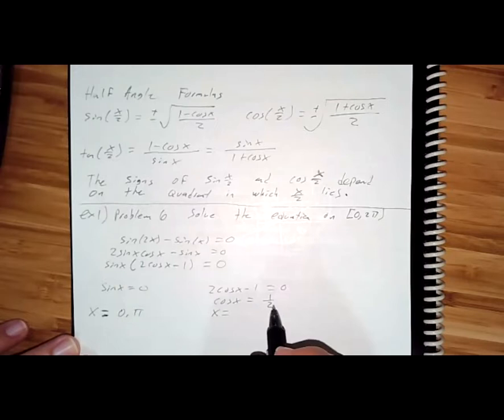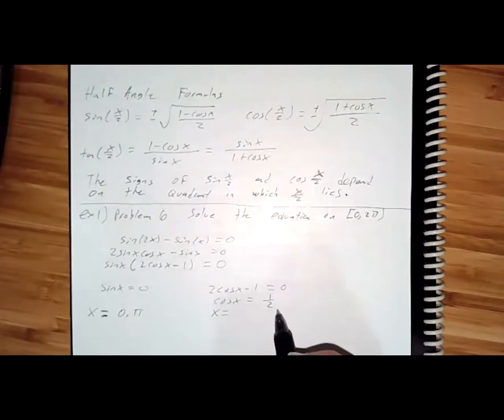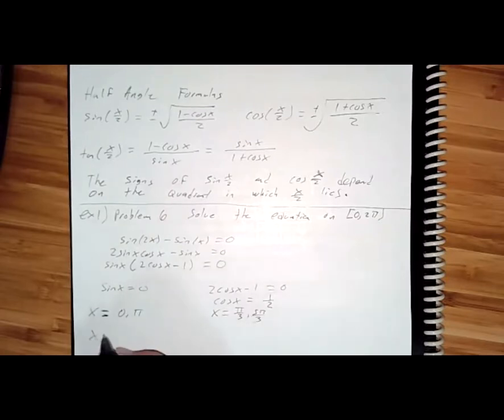No, 1/2. Excuse me. Pi over 3 and 5 pi over 3. Yeah, that's it. So the solutions will be this set of 0, pi, pi over 3, and 5 pi over 3. So this is better, I think.